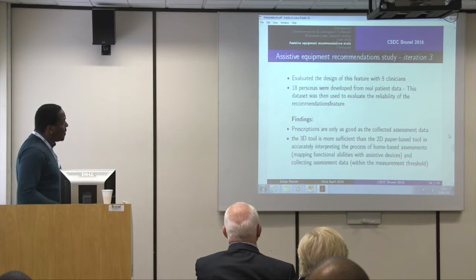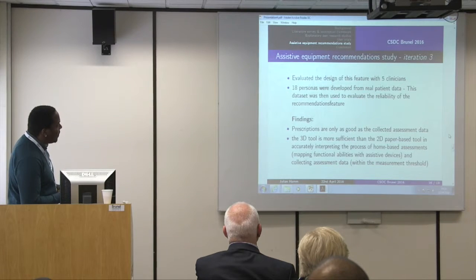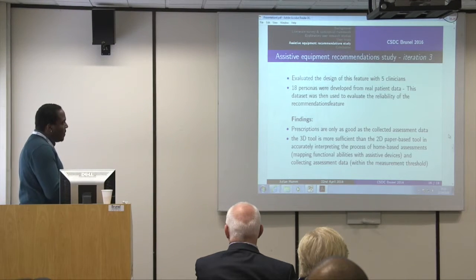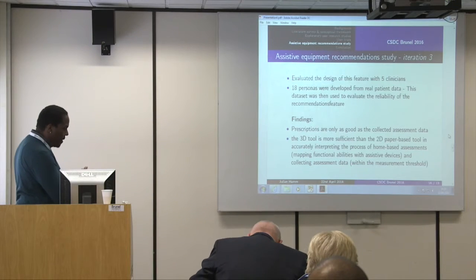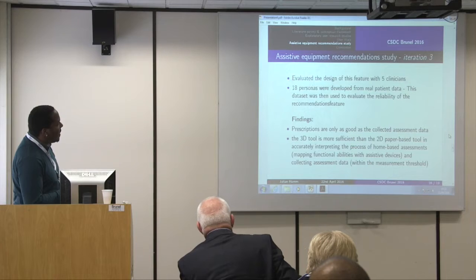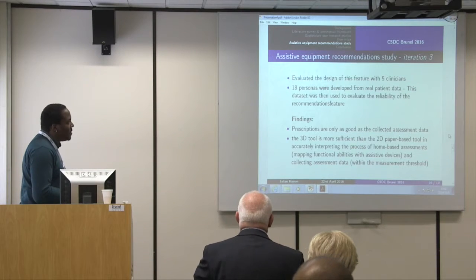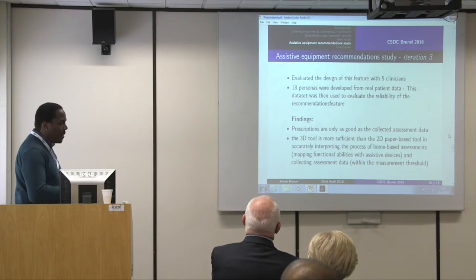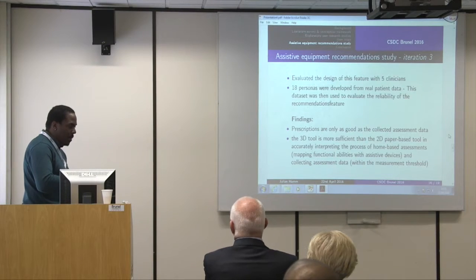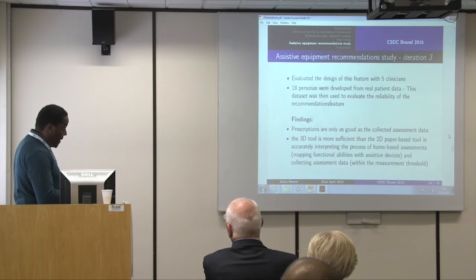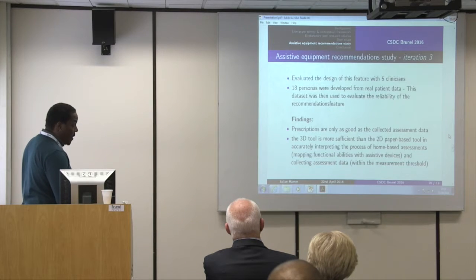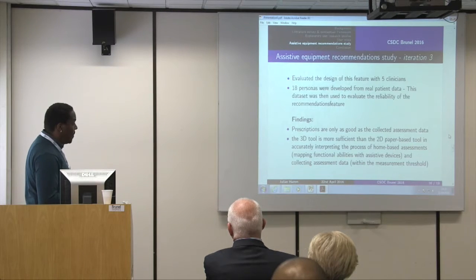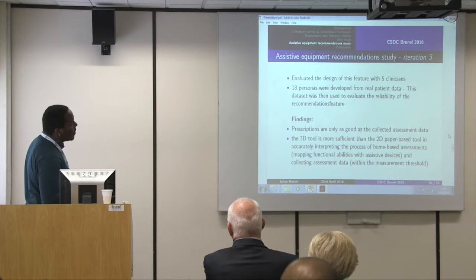And then the last study, or the last iteration, we took what we learned from iterations 1 and 2, and then we developed a recommendation function which mapped some of the questions asked about the older adults' functional ability, and some of the questions regarding their daily living tasks.